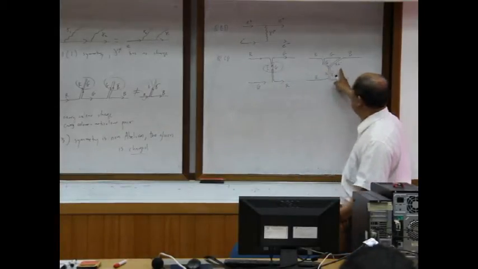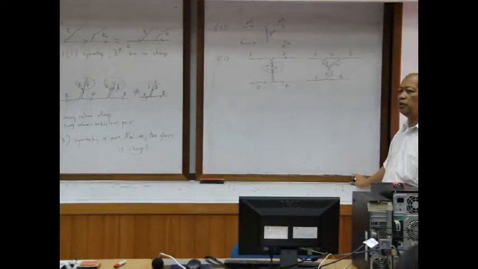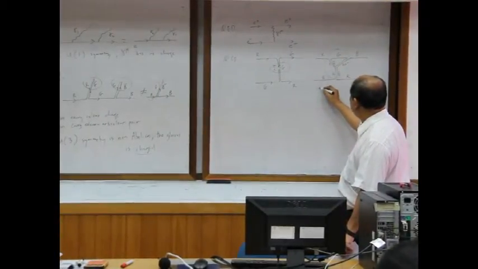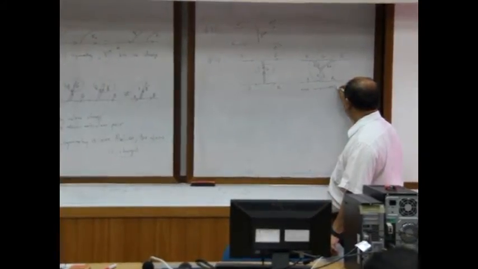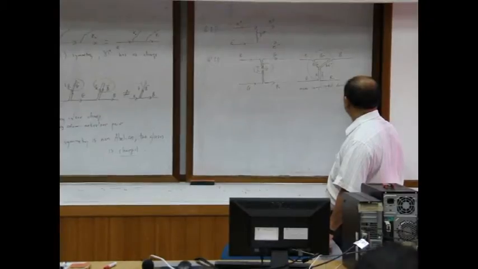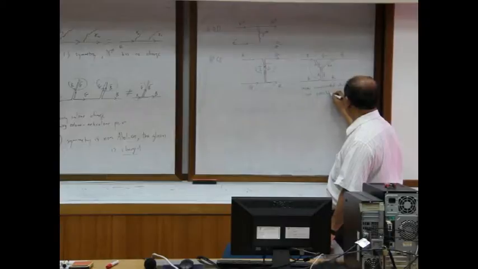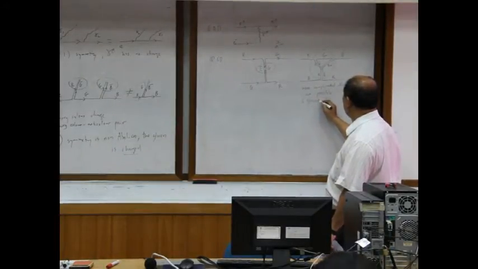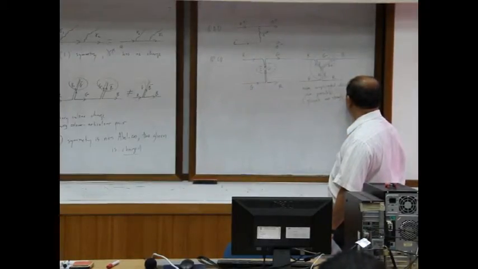Why is this more possible? Because gluons have strong interaction with themselves. So more complicated diagrams are possible. Why? Because gluon is very strongly interacting. Sedangkan photon, dia tak strongly interacting.